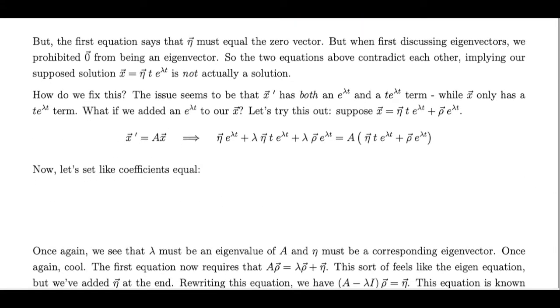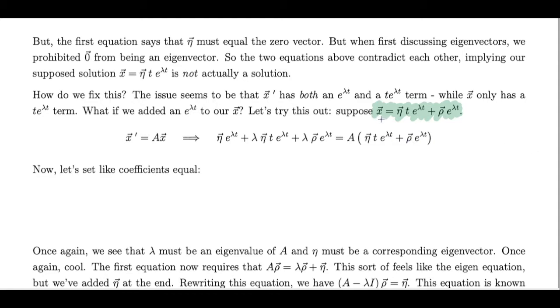So how do we fix this issue? As I've noted in the second paragraph here, the issue seems to be that x prime has an e to the lambda t and a t e to the lambda t, but x, the original postulated solution, only has a t e to the lambda t. So what if we were to add an e to the lambda t term to our postulated solution x? Here's what I've done.